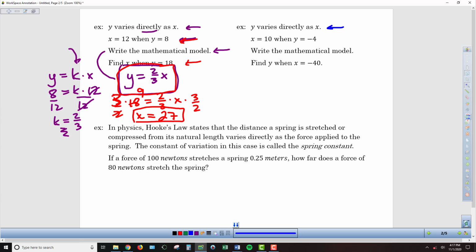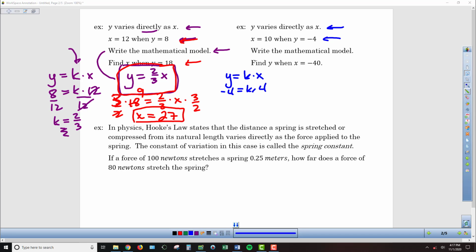We can see again, we have to be told explicitly what the relationship with the variables is. So it says y varies directly as x. So I can start off with y equals k times x. I can then use the given information about the variables. So when x is 10, y is -4.